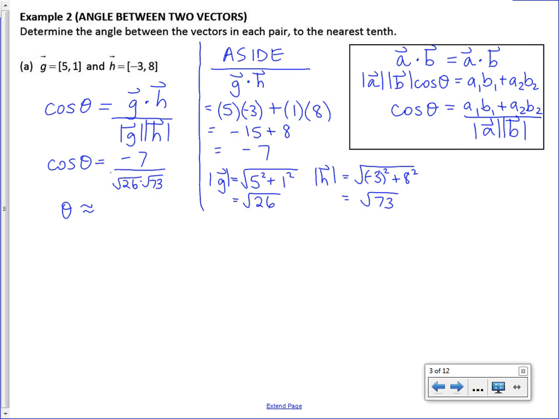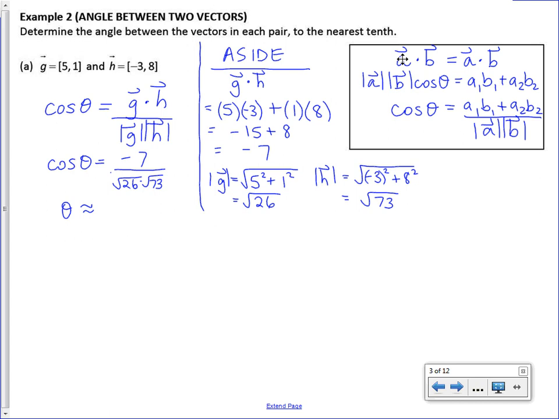Okay? The reason I want to be very careful here is that if you just start going negative 7 divided by root 26 times root 73, your calculator might not take that as it should. You need to group the root 26 and root 73. So I'm writing in my calculator negative 7 divided by open bracket root 26 times root 73 close bracket equals, and then inverse cosine.